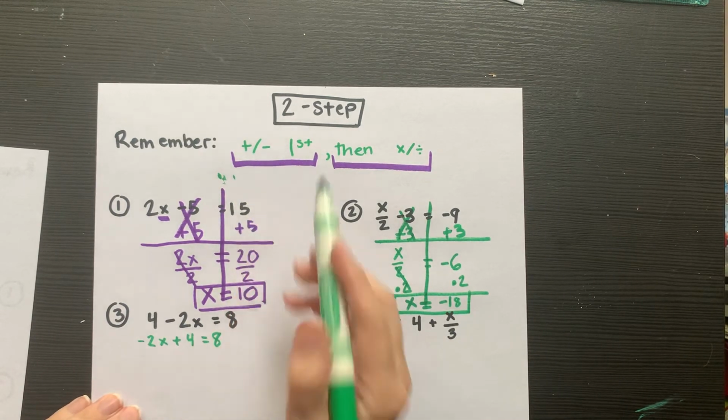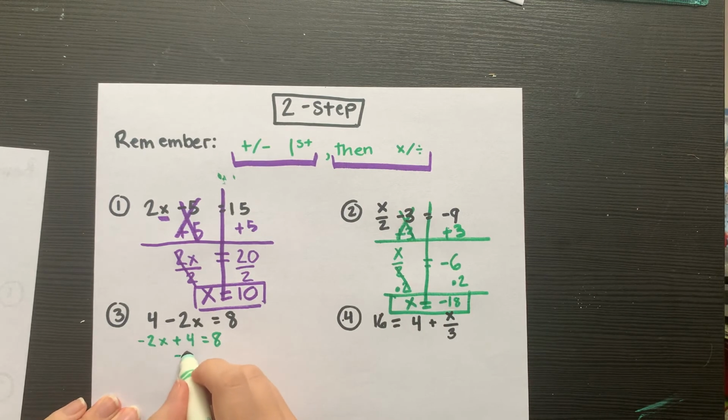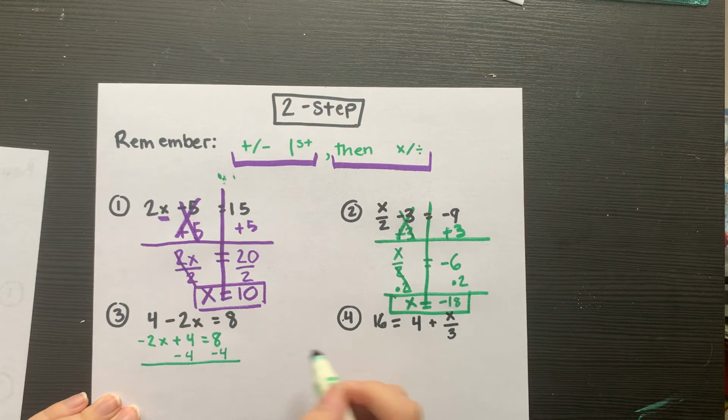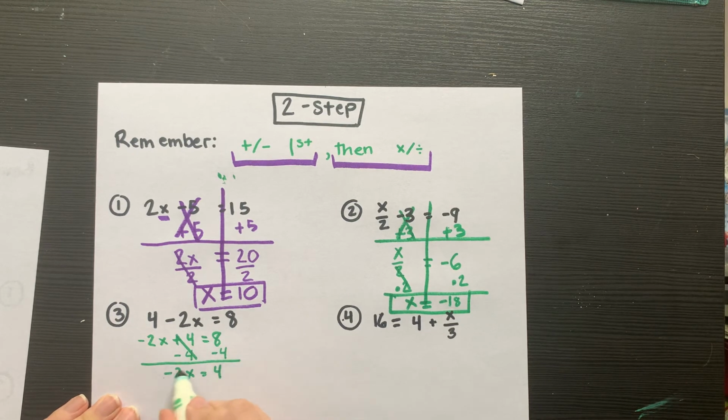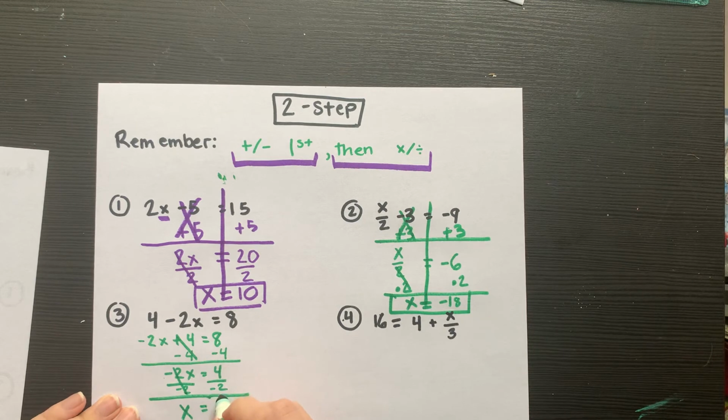For my add or subtract, I see here is plus 4, so I'm going to minus 4. Negative 2x will equal 4. I've got negative 2 times x, so opposite is to divide. And then x will equal negative 2.